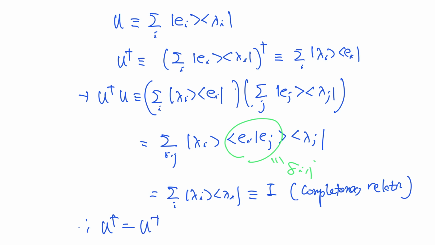That means U is a unitary matrix. And let's check if it gives A.